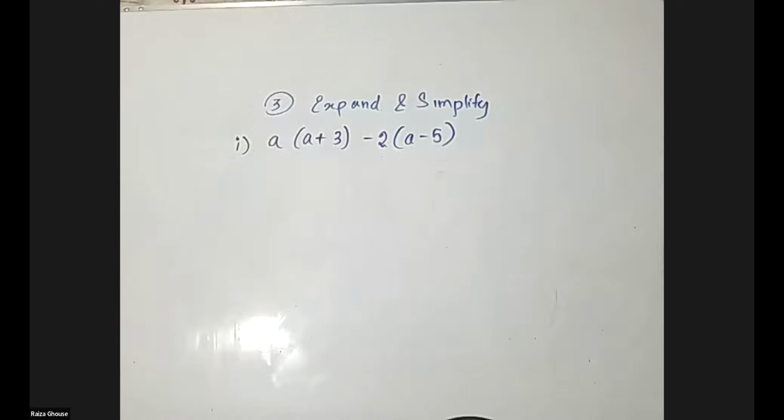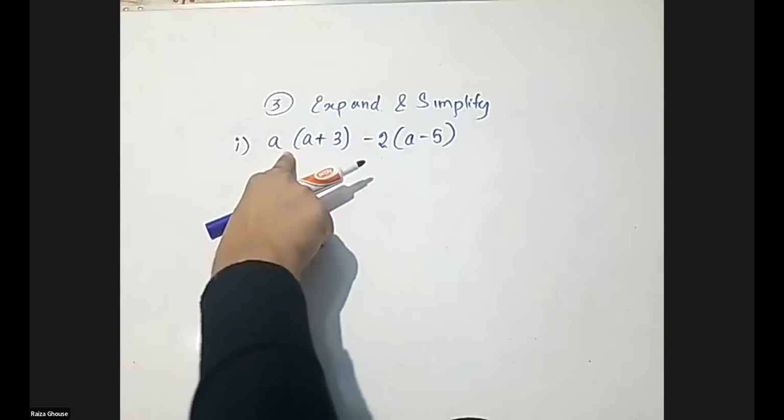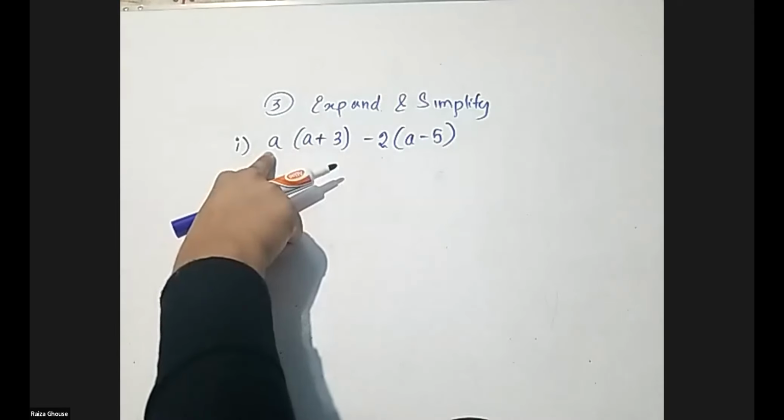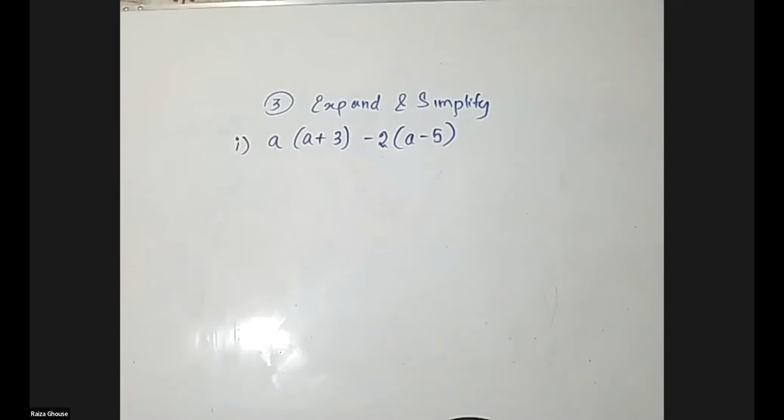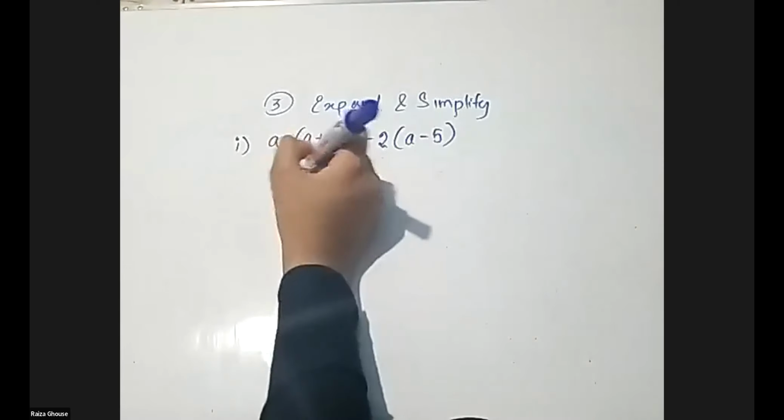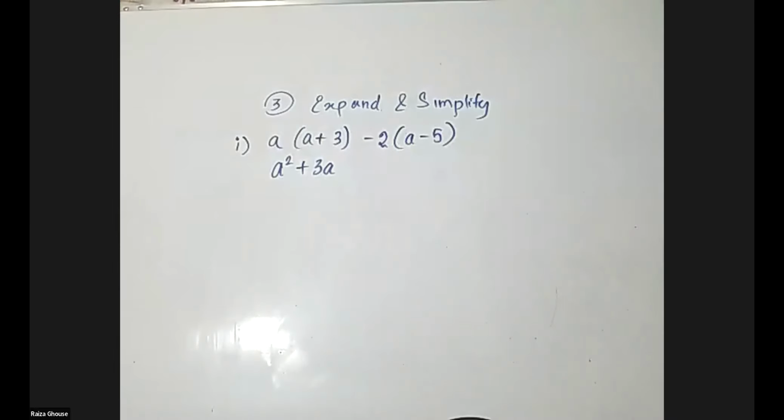So what is here? Rifana, unmute your mic and tell me, if you multiply this term inside by the term outside, can I know the answer? A squared plus 3A. Very good, very good. A squared plus 3A. Mariam Falil, can you tell me what is the answer for this part?